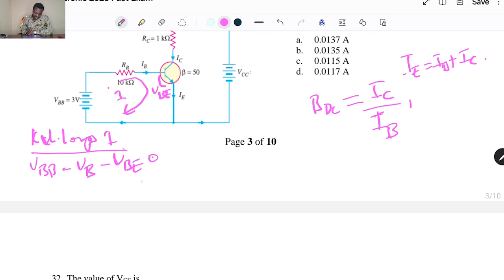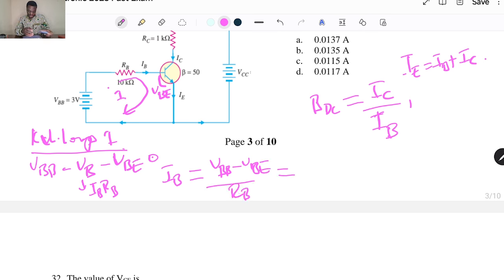With this, we substitute. The voltage across RB is going to be the base current IB times RB. If you make IB the subject, we get IB equals VBB minus VBE over RB. So we just do the replacements.